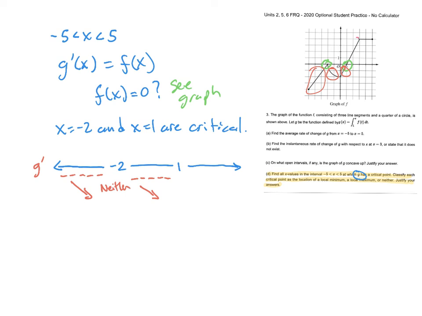But notice that on the right side of 1, the function is positive. That means that g prime is positive, so it's increasing. When we change from decreasing to increasing, we get a minimum, local minimum. So this sign diagram basically tells us that x equals -2 is critical, but neither a max nor a min.